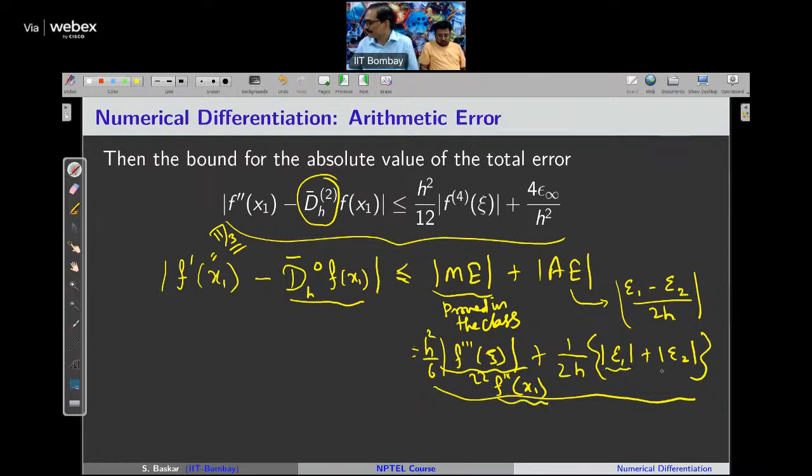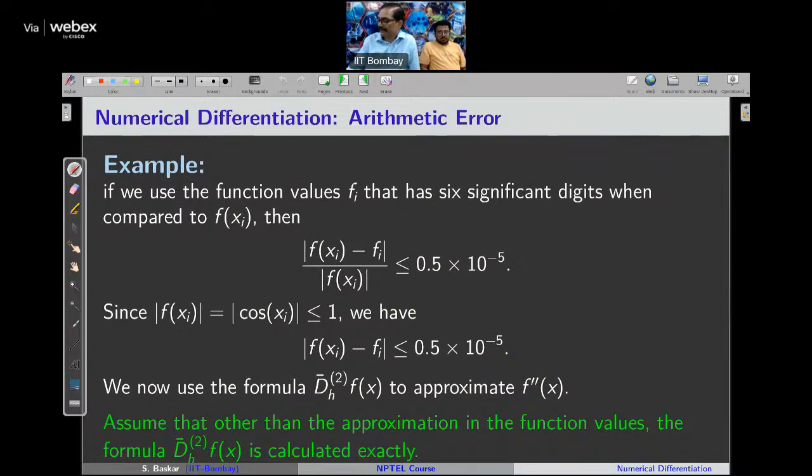And what are these epsilons that we have already? These are epsilon 1 as well as epsilon 2. Of course, if it is 6 digits, I don't know. Again, you have to check the assignment problem, whether it gives 6 significant digits or any other. If it is not 6 significant digits, then this number will change.